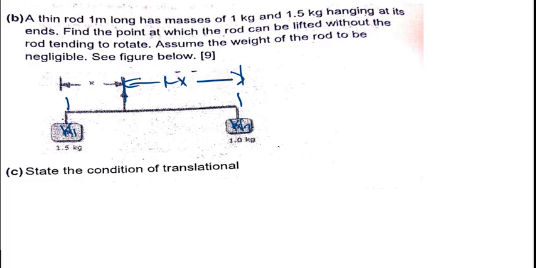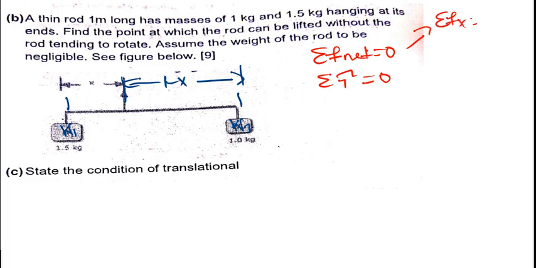Now I will keep on mentioning this whenever I make a video under static equilibrium. There are only two conditions which you have to know. The net force is 0, and the summation of all the torque is also 0. The net force means the summation of all the forces in x direction is equal to 0, and the summation of forces in y direction is equal to 0.